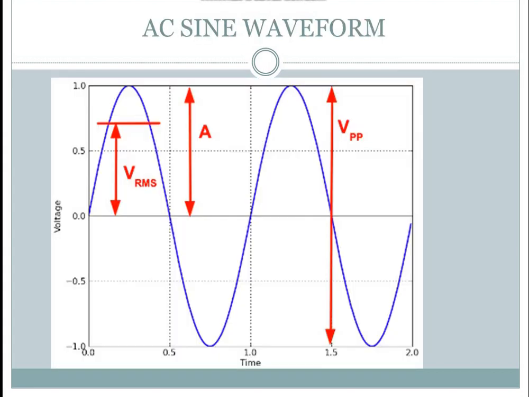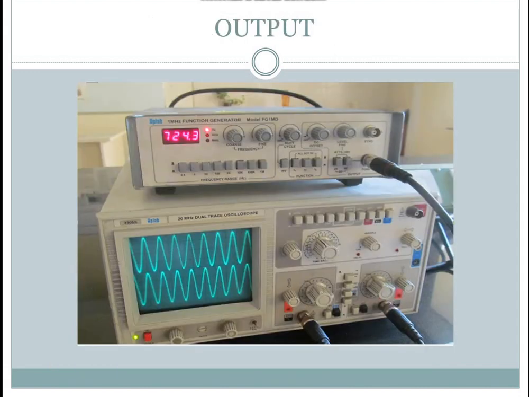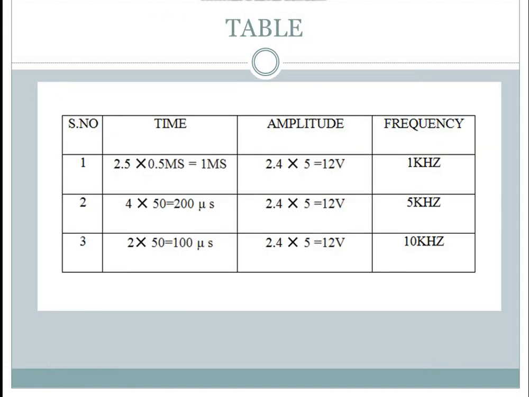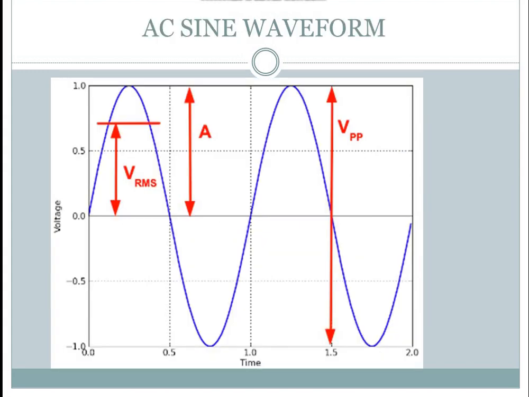Time is calculated from the horizontal boxes covered, multiplied by the time knob value, for example 0.2 or 2 or anything else. Multiplying these two gives the time. This is a model graph. By changing the frequency in the function generator to 1 kHz, 5 kHz, 10 kHz, we can calculate time and amplitude using these waveforms.